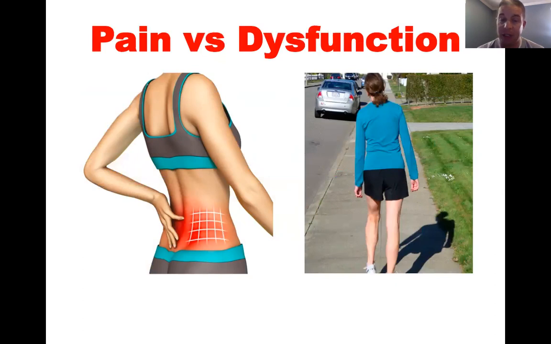But either way, we need to distinguish between the two, because you can have movement that is perfect movement but is yet painful. You can have movement that is dysfunctional but brings with it no pain. Dysfunction is what we're looking to correct with the movement screen and the FMS above that pain line. Once we have pain and below that line, that's where we look at the SFMA and now go into a medical model.